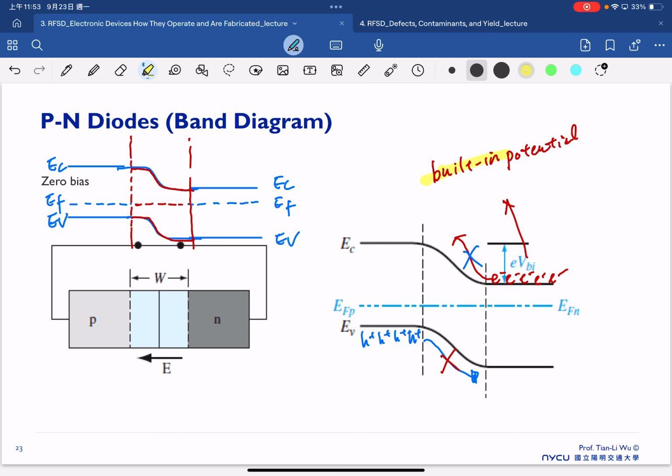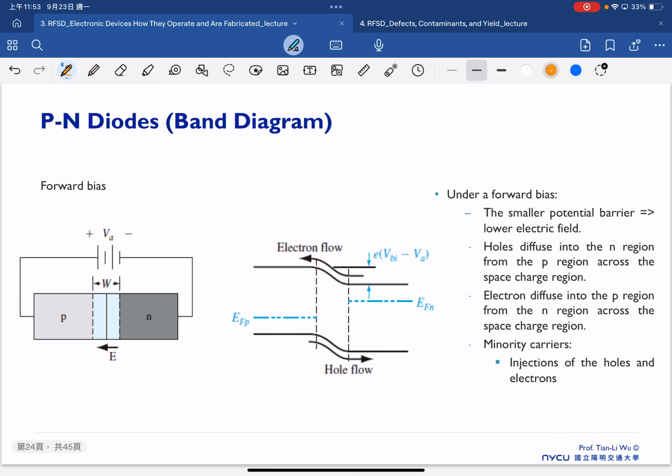Of course, we are not satisfied with understanding only the case at zero bias. We definitely will be interested to know what happens if we apply an additional forward or reverse bias. So now let's look at the case of forward bias.